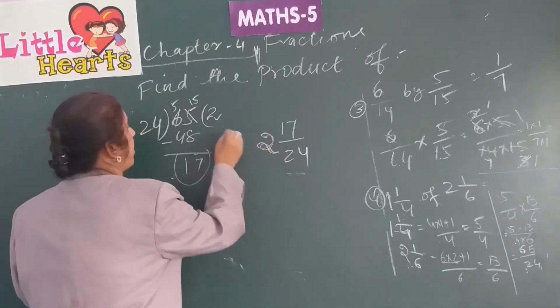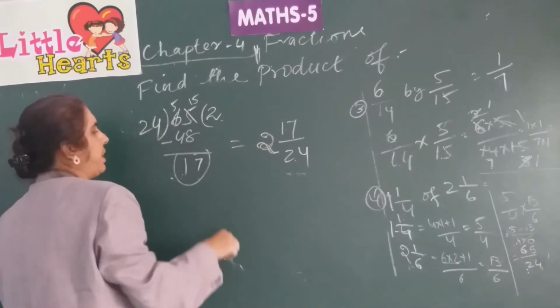Write it as a mixed fraction: 2 17 by 24 is the mixed fraction.